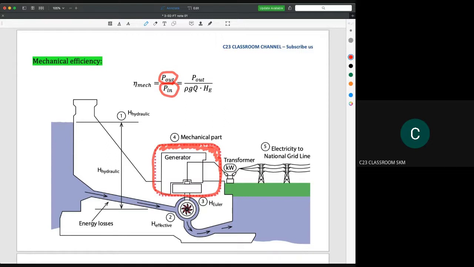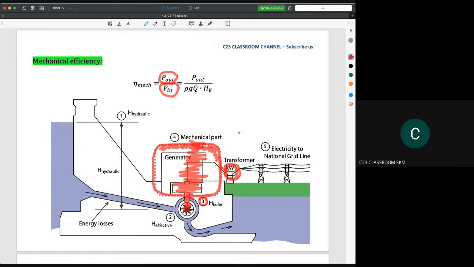However, you need to understand where the power in and the power out are. In this situation, you will find that the energy from the turbine is at point number 3, and then it goes through the mechanical part here. Then you will have another type of energy, which is electricity.